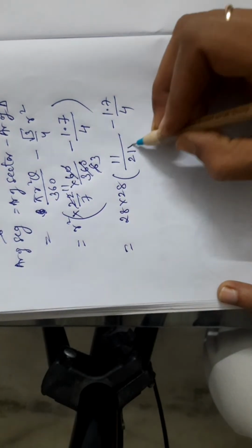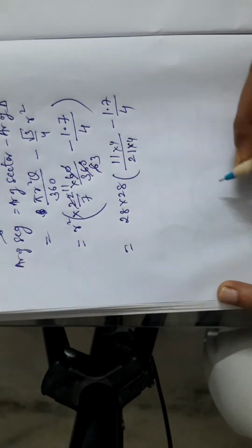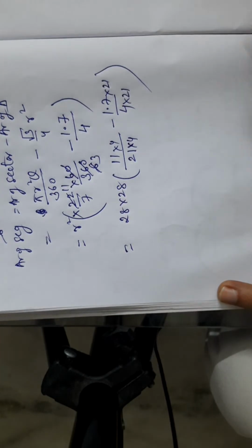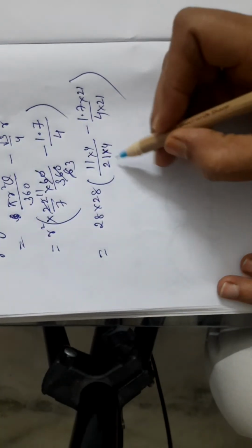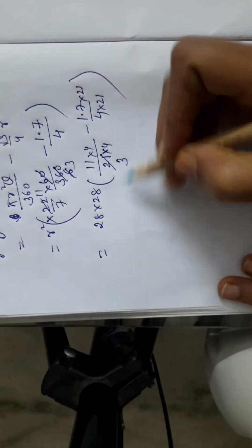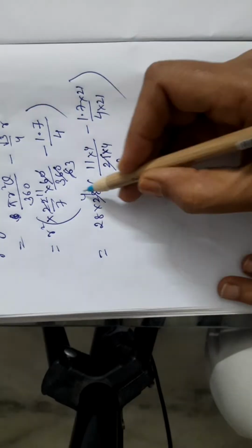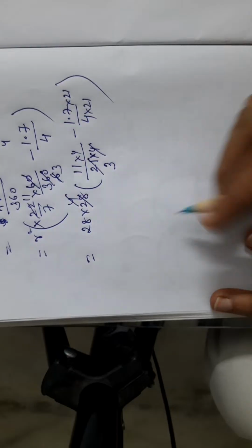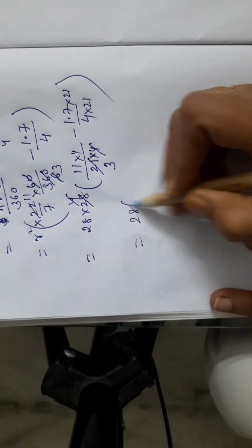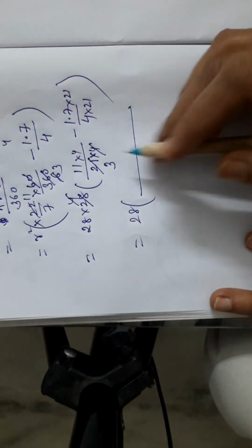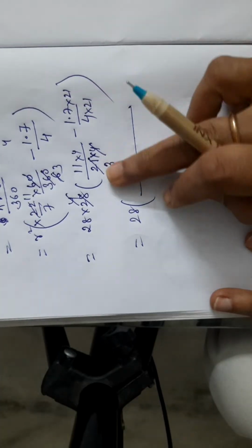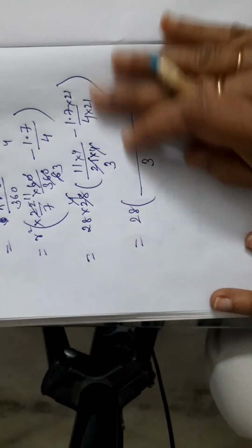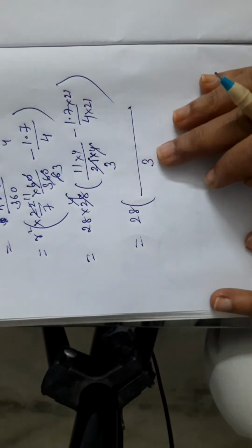So making the LCM equal, 4 will be multiplied towards the first fraction and 21 towards the second fraction. 7 3s are 21, 7 4s are 28, 4 and 4 got cancelled. So we did the calculations. Now 28 here in the denominator, 4 multiplied by 21, out of which I cancel them. So only 3 is left. Okay, I have completed the calculation.